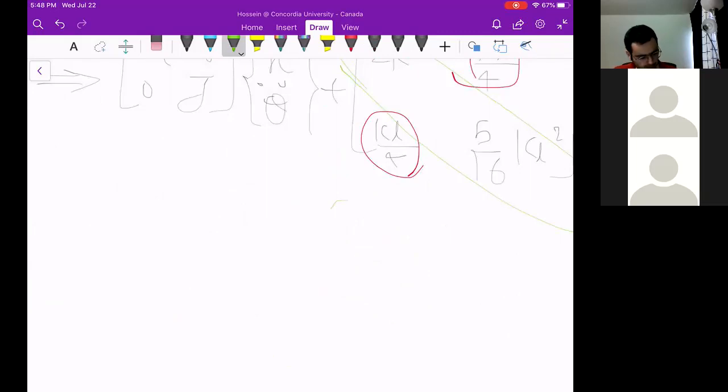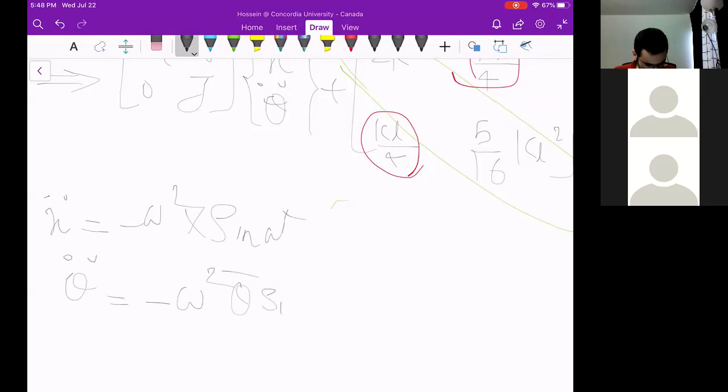So for natural frequency, you have to assume a harmonic motion: x double dot is minus omega squared X sine of omega t, and theta double dot is minus omega squared theta amplitude sine of omega t.